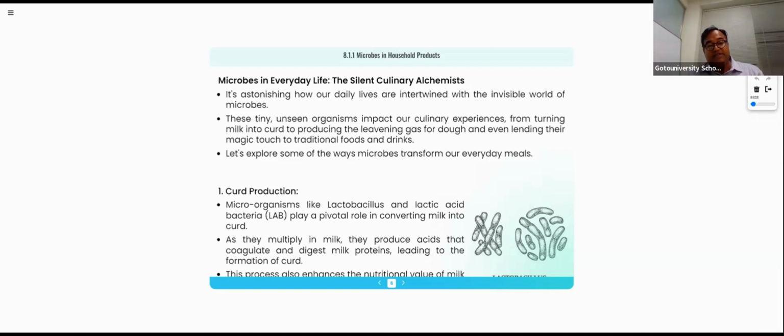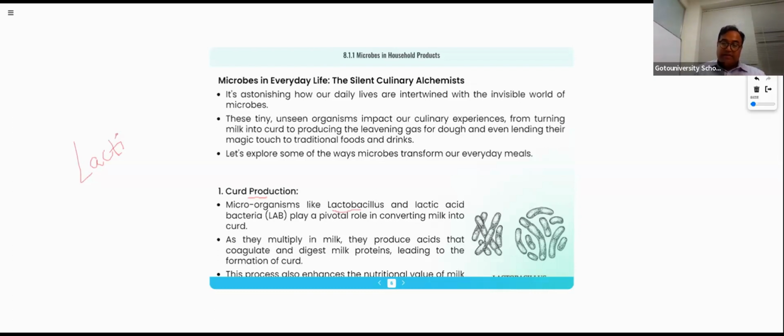First, let me start discussing the curd production. By using the Lactobacillus bacteria, the genus name we already had given. Here, you know very well, the species name is Lactobacillus lacti. This Lactobacillus lacti species is very, very important for making the vitamin B12 in the case of curd. Are you getting my point or not? Which bacteria are we using specifically?